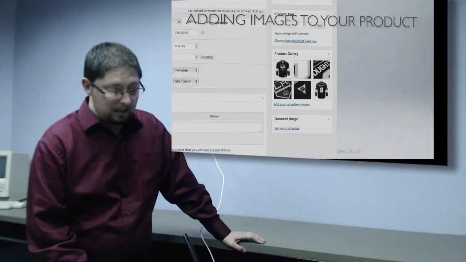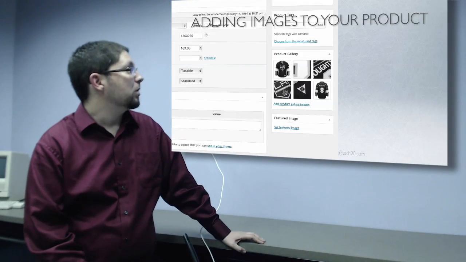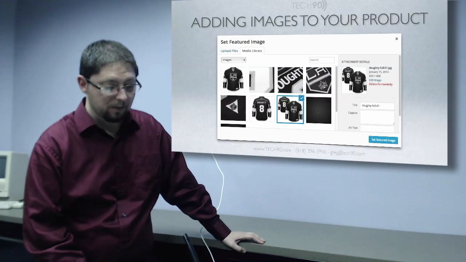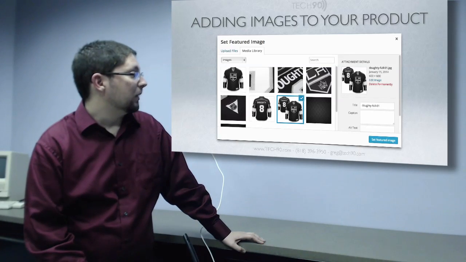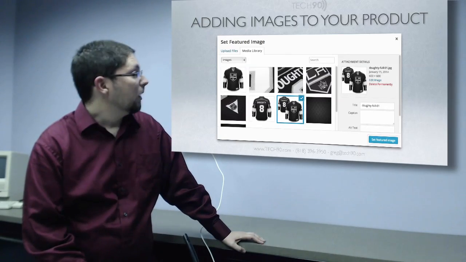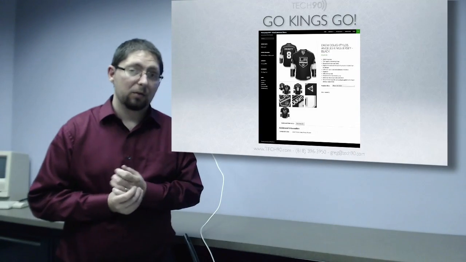And finally, we need to add the featured image. So we click that Set Featured Image link. We check off the image that we want to actually show as the featured image of our product. We then click the Set Featured Image button. And once we do that, the selected featured image should show up exactly where we expect it to in the product image.